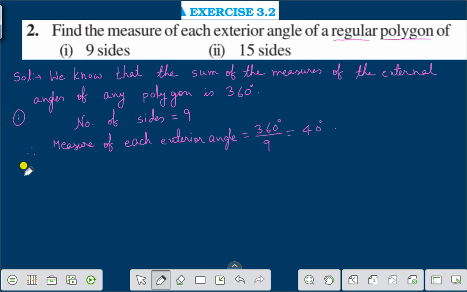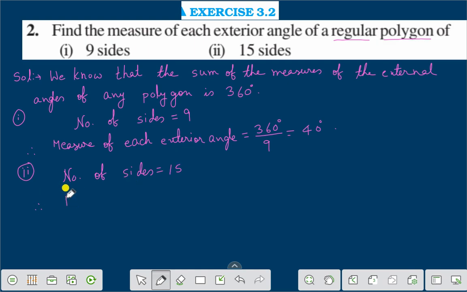Now question number 2. We know that the sum of the measures of the exterior angles of any polygon is 360 degrees. Here the number of sides is given, which is equal to 15.